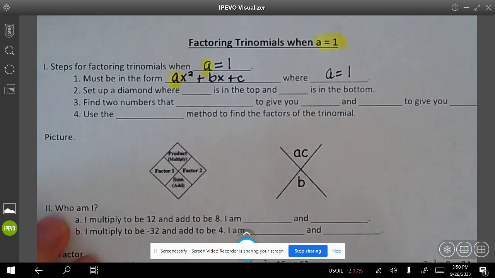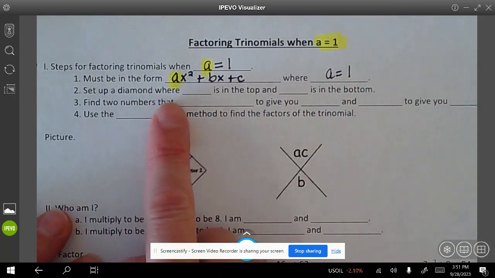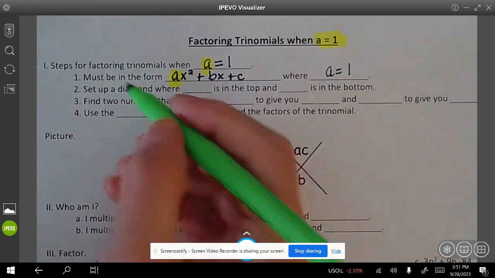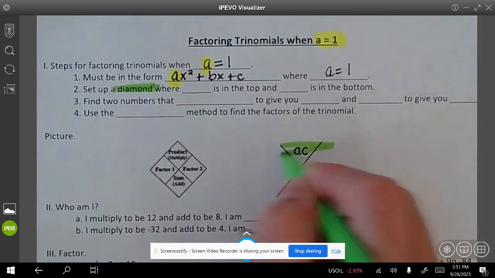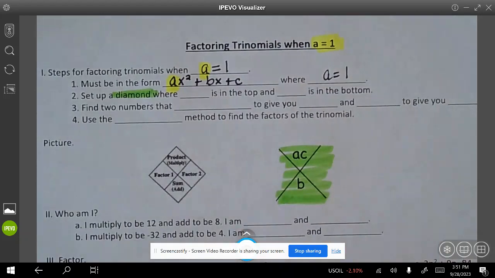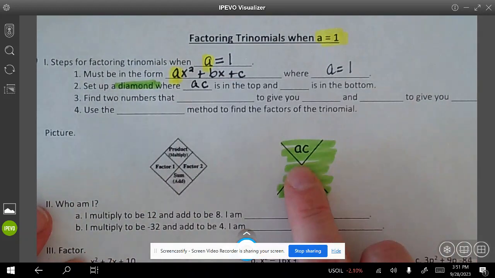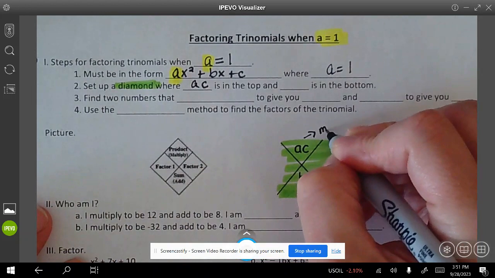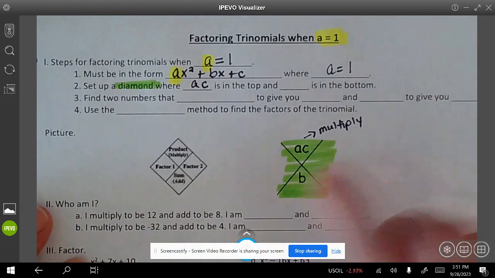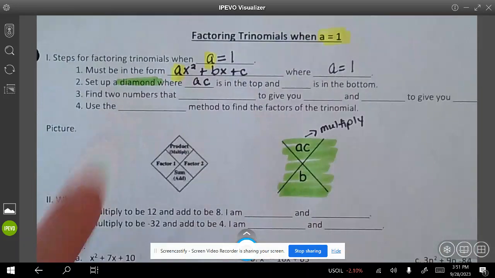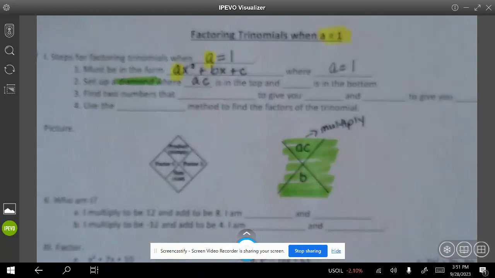Then, in step 2, we're going to set up something called a diamond. I've given you a picture of what that diamond method looks like down here. So if you need to, highlight this diamond method and know that we're talking about this right here. You're going to set up a diamond where you multiply A times C. This is the A I'm talking about here that I've highlighted with yellow, and we'll highlight the C with pink.